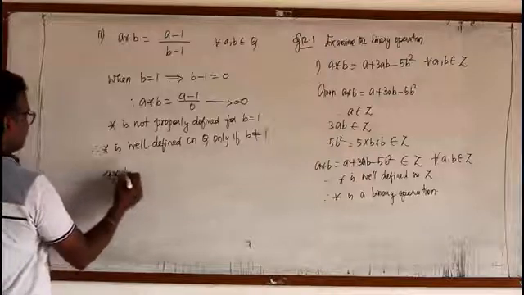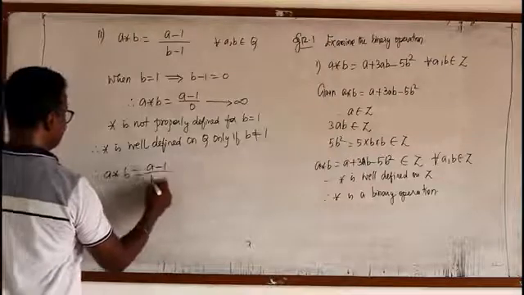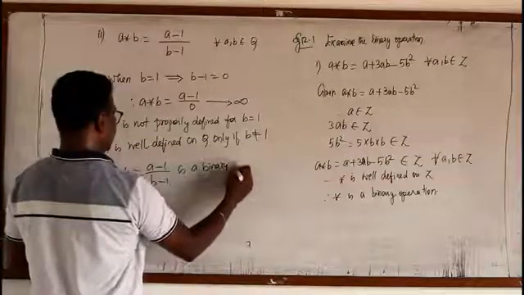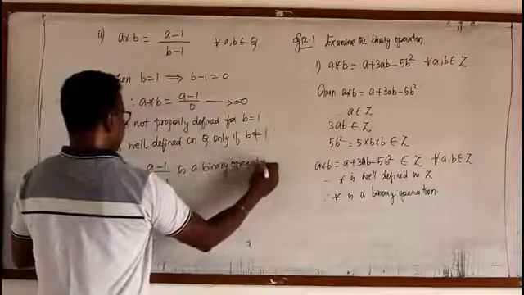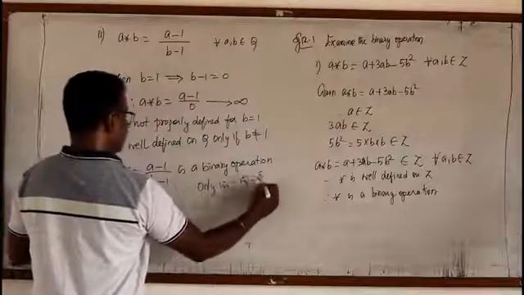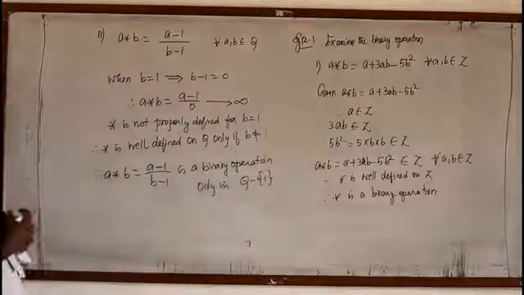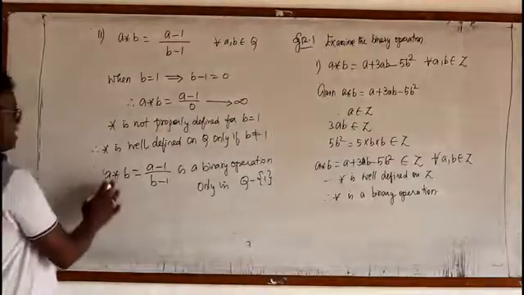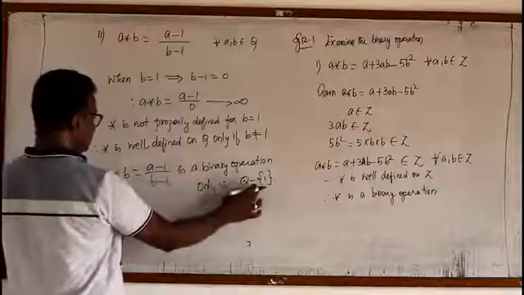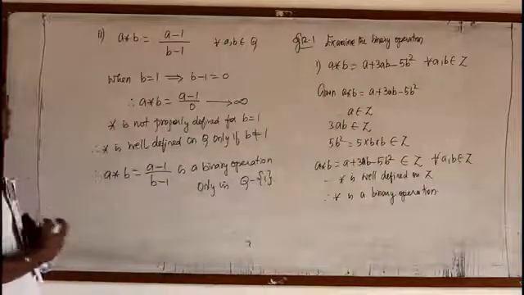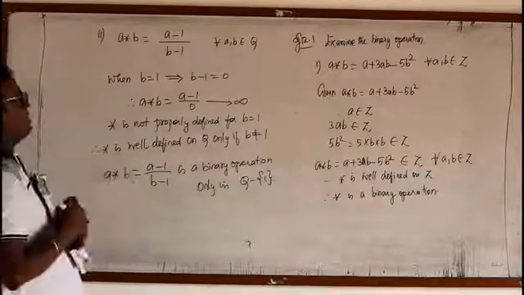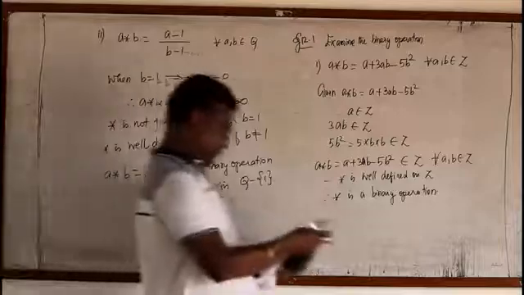Therefore, A star B equal to A minus 1 by B minus 1 is a binary operation only in Q minus 1. Therefore, star is not a binary operation in Q. Star is a binary operation only in Q except 1. So, with that, this first example is getting over.